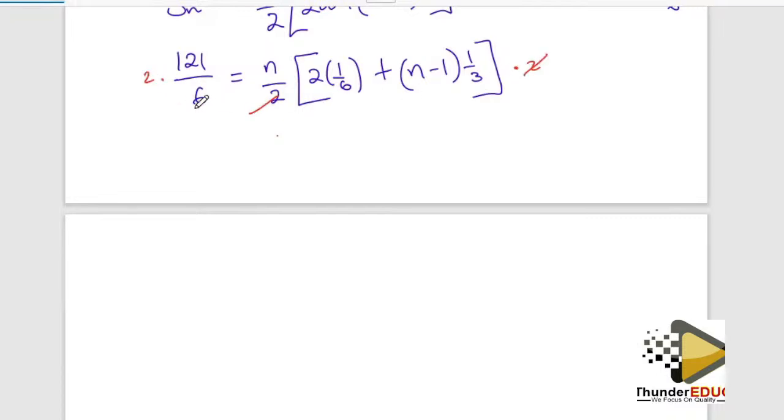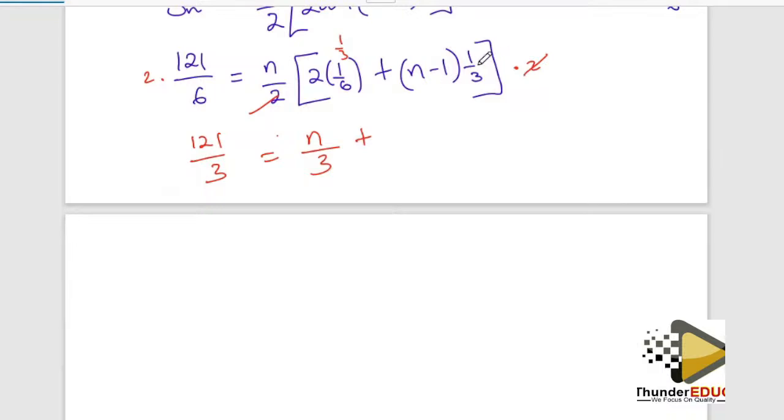And then that's going to be 121 over 3. Now I'll maintain it as that. When I open this, it is going to be n over 3, because 2 times 1 over 6 will give me 1 over 3, and then times n, I'm getting that.